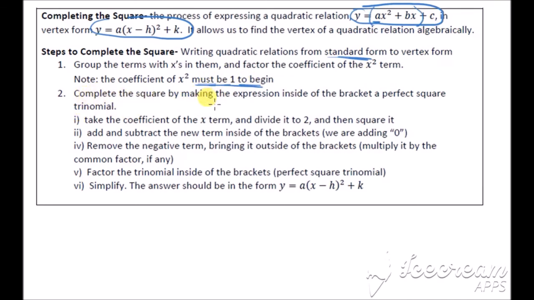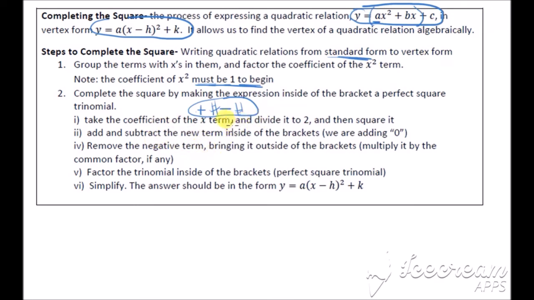Then we complete the square by making the expression inside of the bracket a perfect square trinomial. Essentially, we add a term and subtract the same term. By adding a number and then subtracting the same number, all we're doing is making this equation look a little bit differently. We're not actually changing the equation.